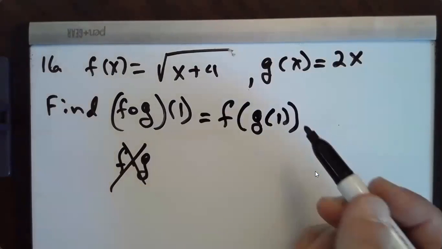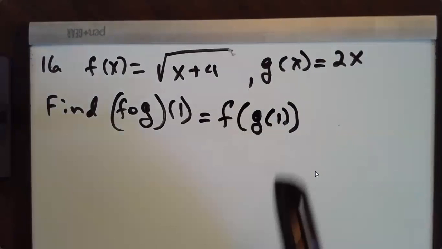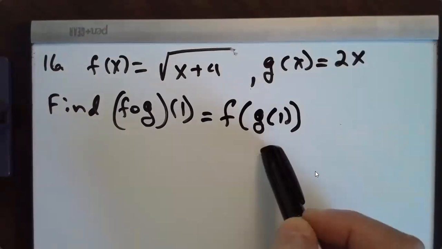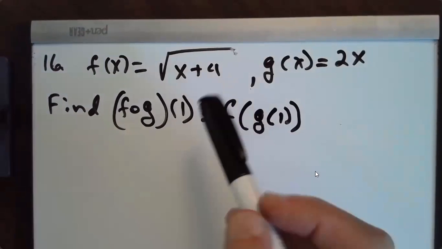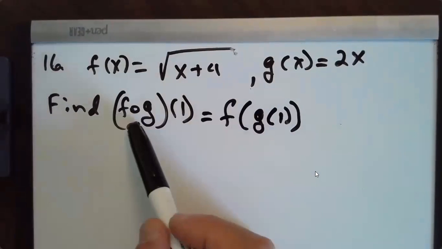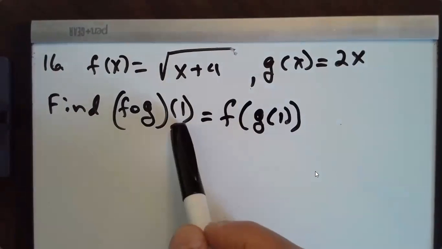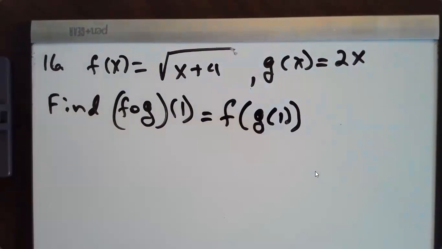I think it defines more clearly the process that needs to be done. We have to find g of 1. I could see where students might put 1 in the wrong function first, but this makes it clear what the first step is. The first step is to find g of 1.